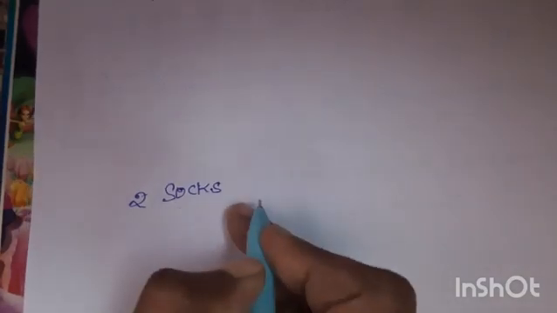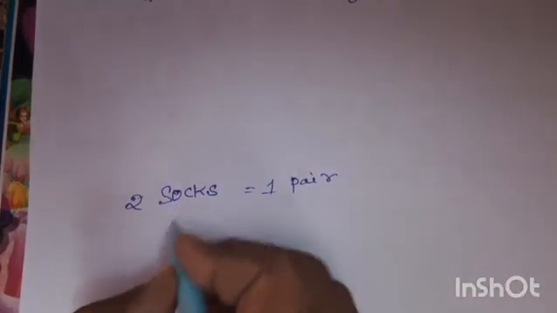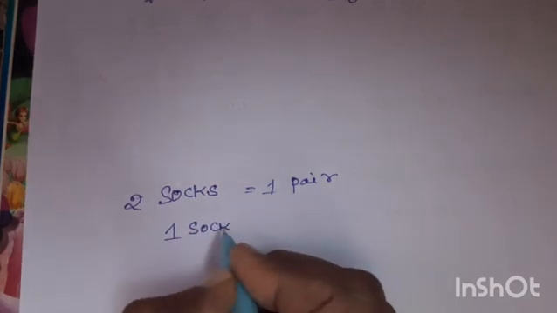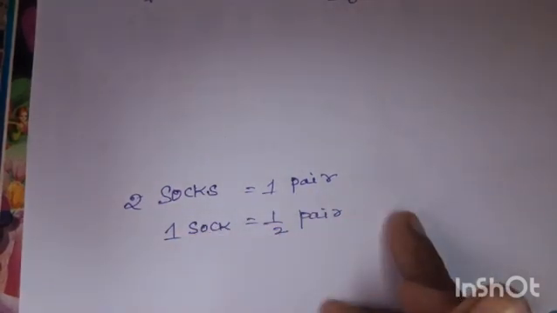See, two socks equal one pair. If you are asked about one sock, or asked to convert one sock into a pair, then it is 1 by 2 pair, half a pair, right?